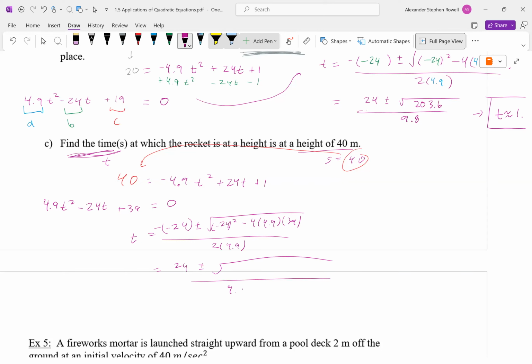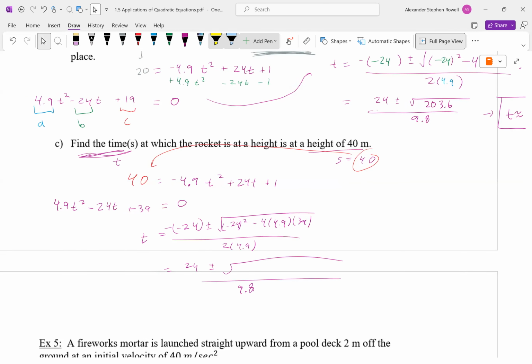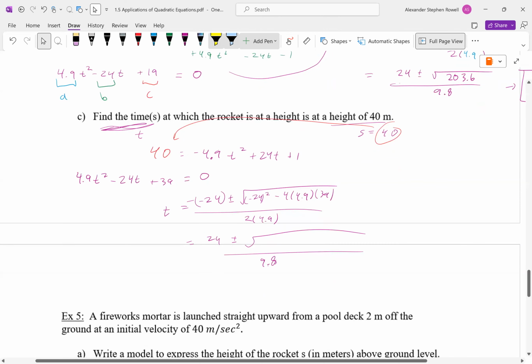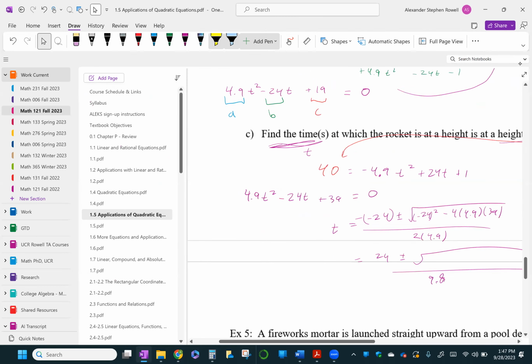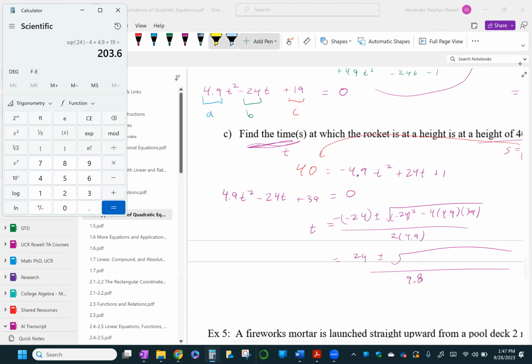So I get 24 plus or minus the square root of something over 9.8. What is the discriminant? Okay, what's 24 squared minus 4 times, oh no, I messed up.